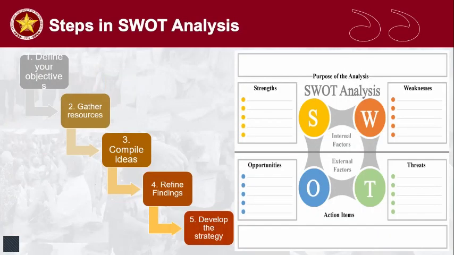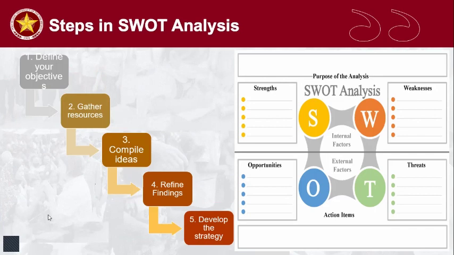So these would be the steps in SWOT analysis: defining objectives, gathering resources, compiling ideas, refining findings, and developing the strategy.